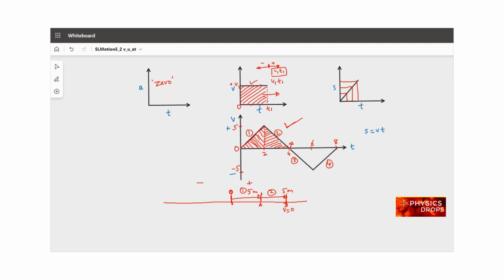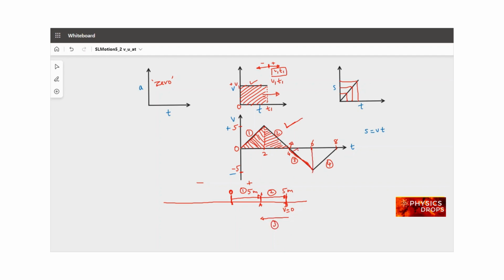And then you can still see in phase 3 it is moving. There's a line here. What's happening here? It is still accelerating. It's uniform acceleration, but in the other direction. That means it starts moving with velocity in the negative direction. So this is what happens in phase 3.